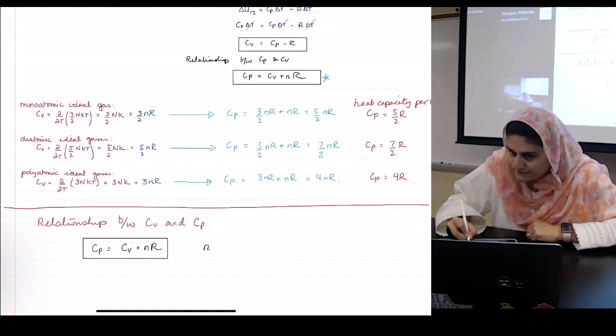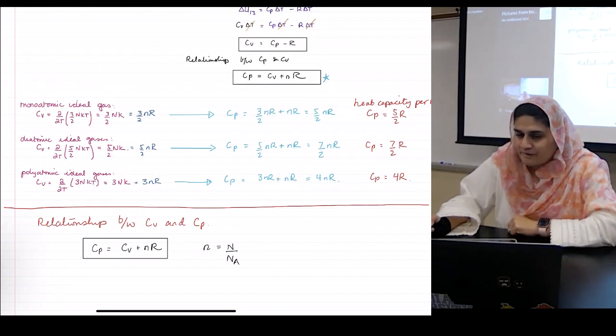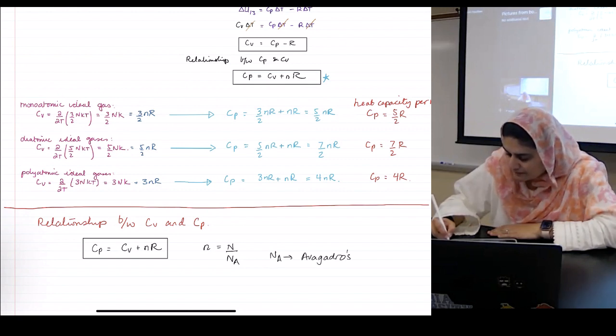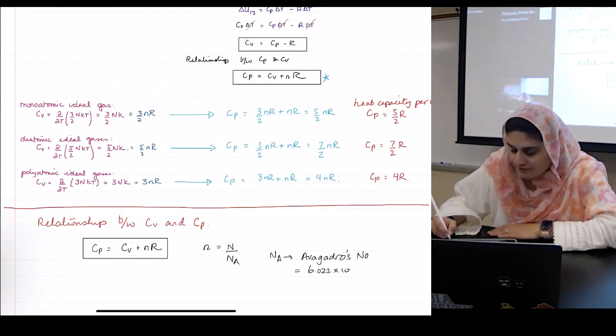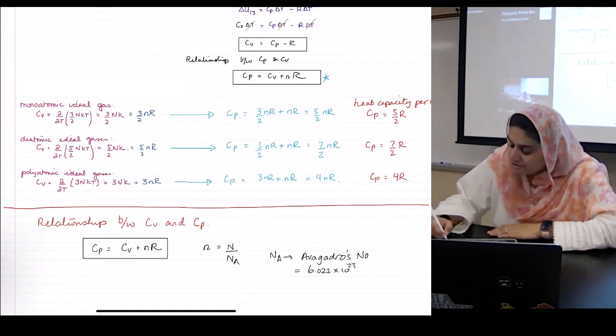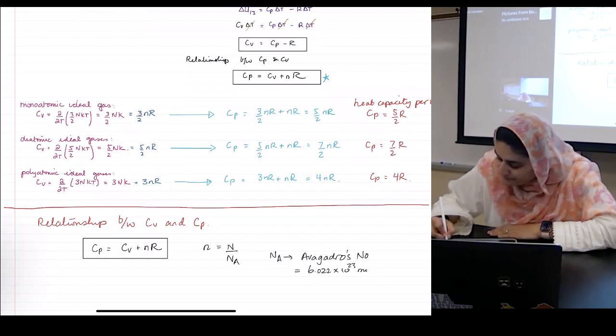Where N is usually either written as N over NA, where what is NA? Thank you. And the numerical value is? And in this case, the Avogadro number will be molecules per mole.